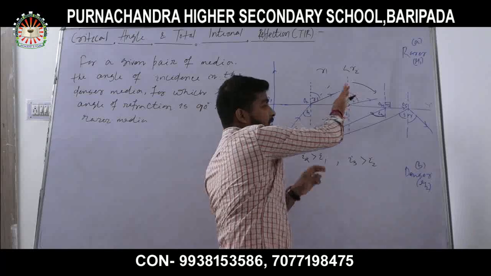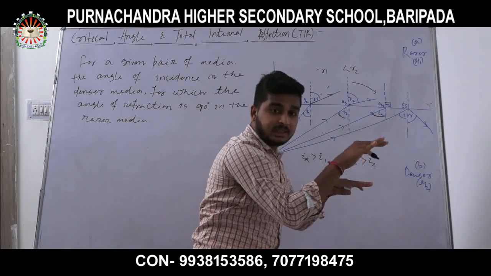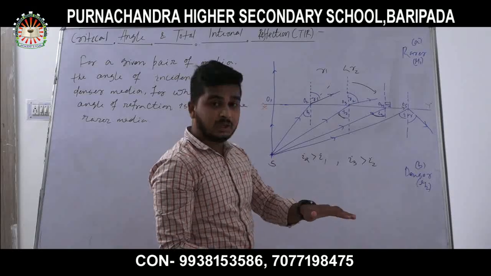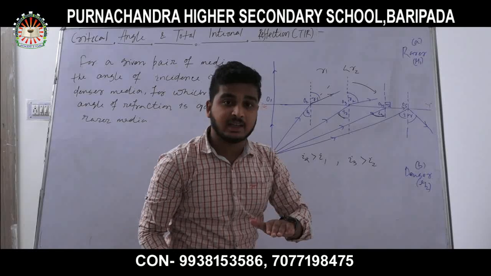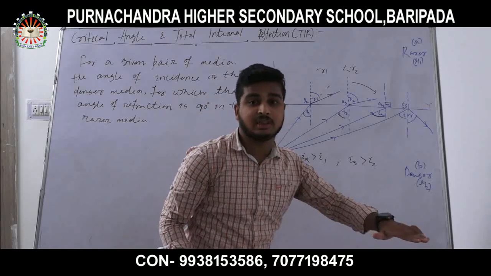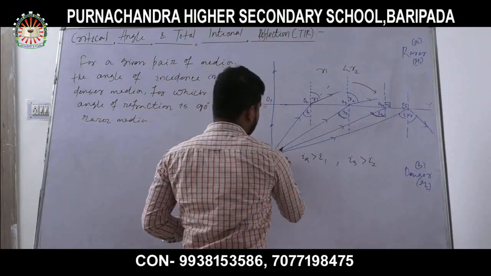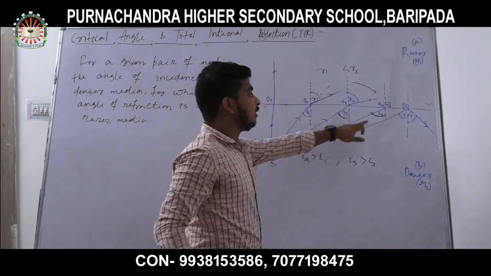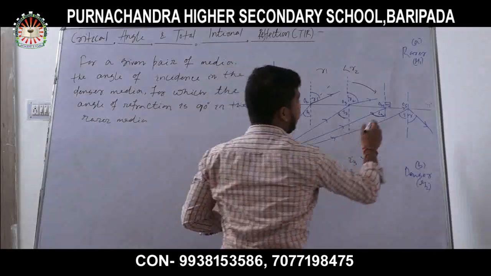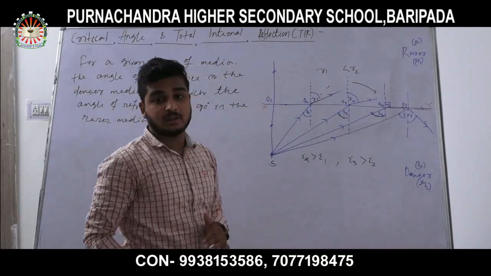It suffers deviation, and at a certain angle of incidence the ray of light will go parallel to the interface, which can be said as grazing emergence. So the light ray will refract, but it will graze along the interface XY.